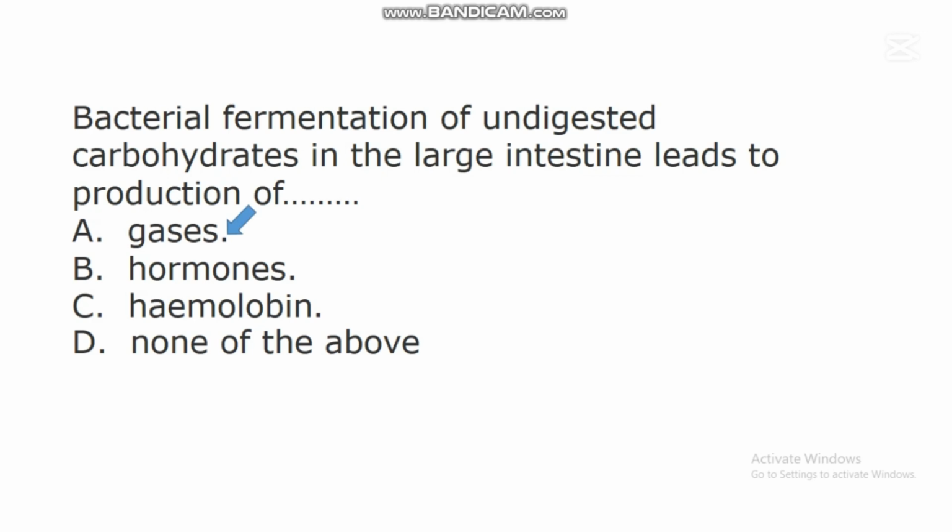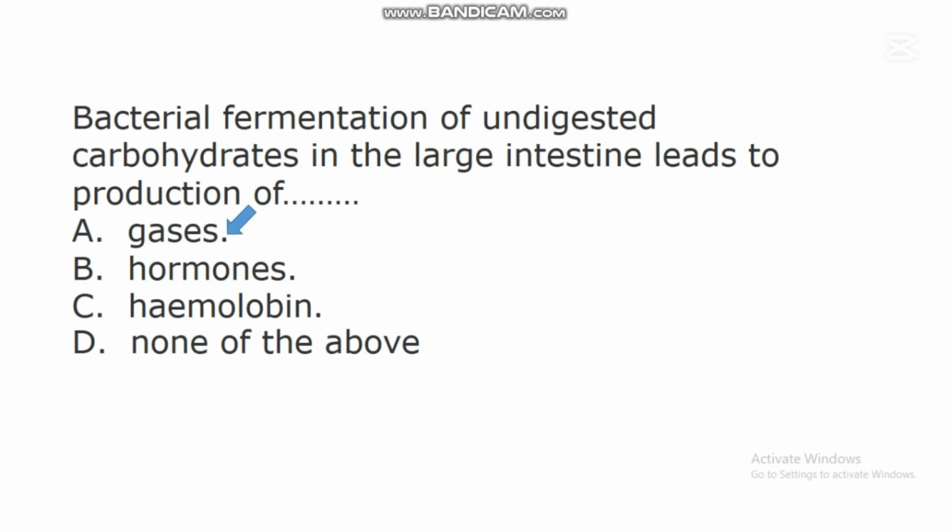Studies have shown that the bacterial fermentation of undigested carbohydrates in the large intestine leads to production of gases. Some of these gases include carbon dioxide and even methane, and these gases will be produced in the large intestine. So when these gases are produced, they will be expelled, or they will be removed from the body system.